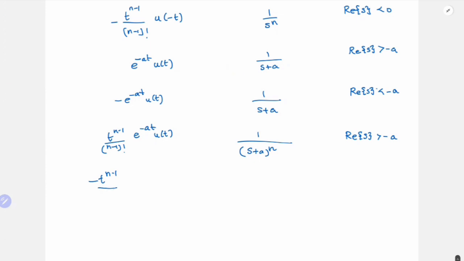Similarly for this one also, the same technique. So you will get S plus a whole power n, and real of S less than minus a.